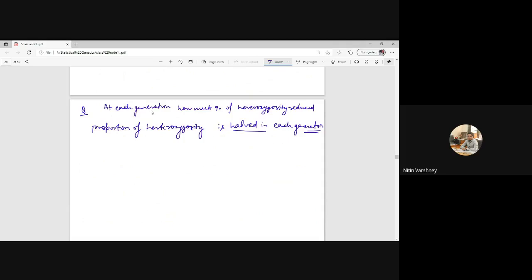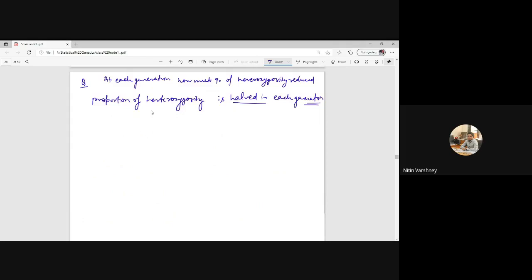Okay. Now there are different definitions of this coefficient of inbreeding, and that is denoted by F. So definition 1, this is the general definition.